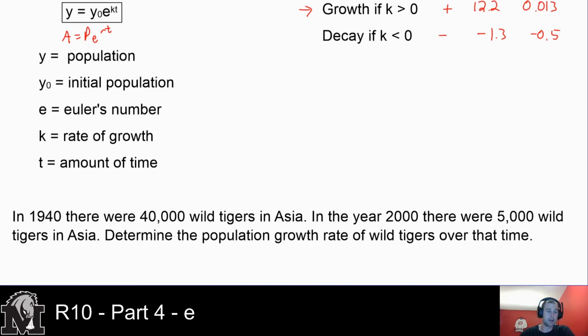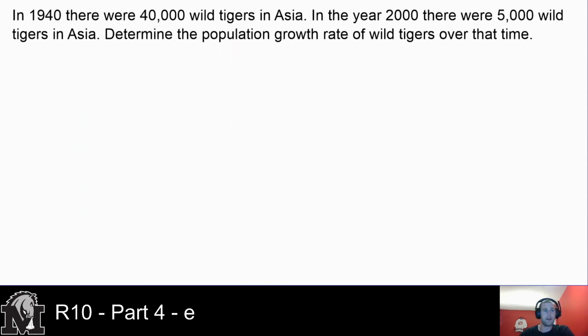So let's try an example. In 1940, there were 40,000 wild tigers in Asia. In the year 2000, there were 5,000 wild tigers in Asia. Determine the population growth rate of wild tigers over that time. So the first thing we're going to do is we're going to get our exponential growth equation.